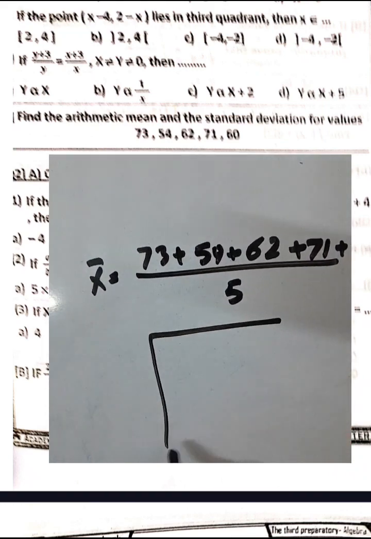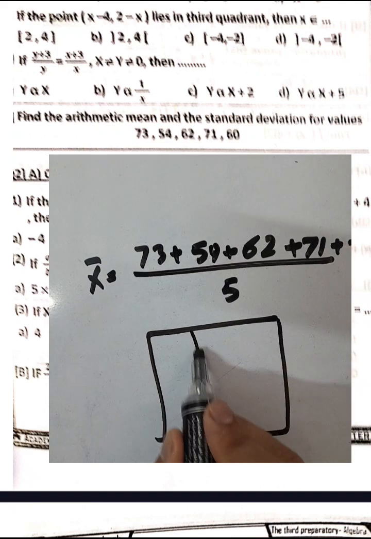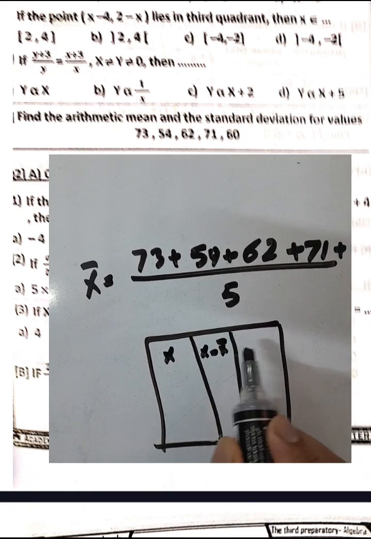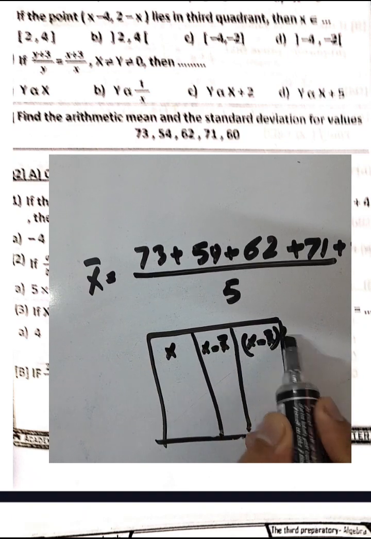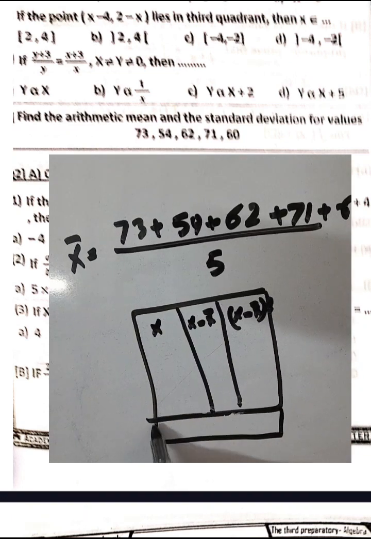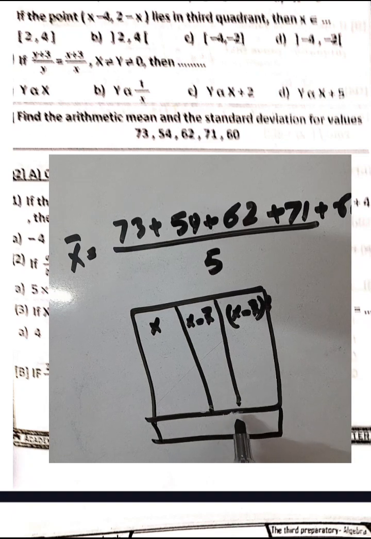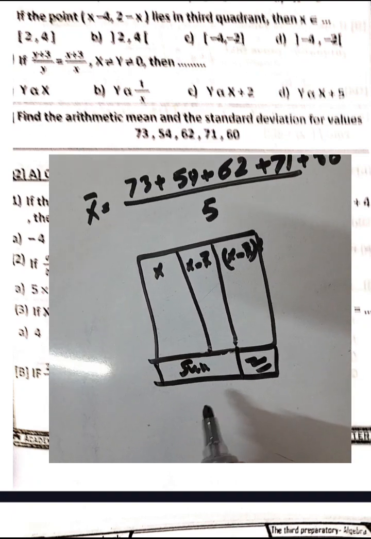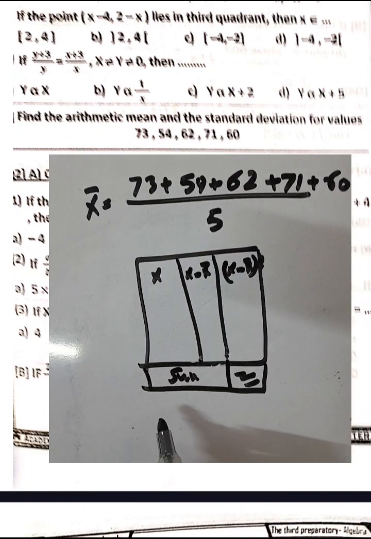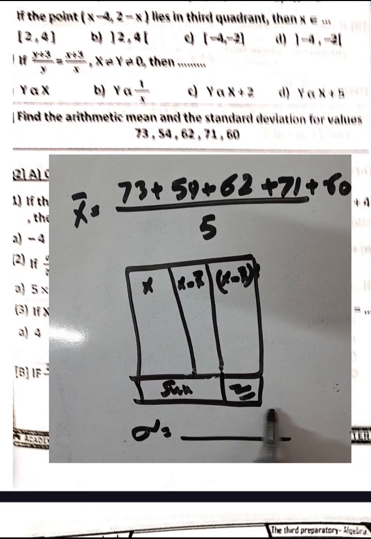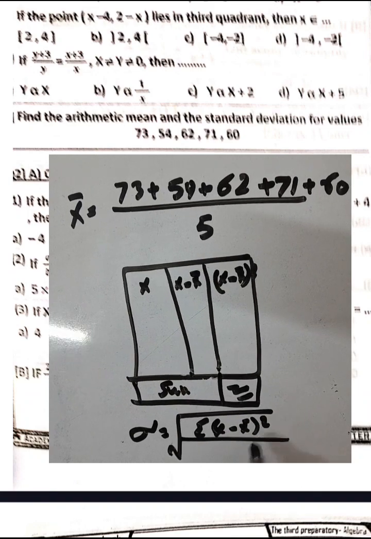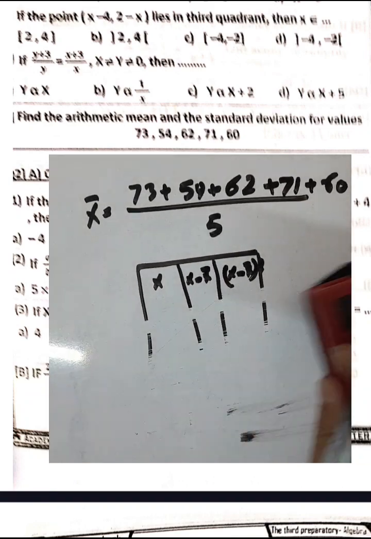Then you can draw the table with x, x minus x bar, and (x minus x bar) squared. Find the summation of these results, and then standard deviation equals the square root of the summation of (x minus x bar) squared divided by the number of elements. It's very easy. Complete this example yourself.